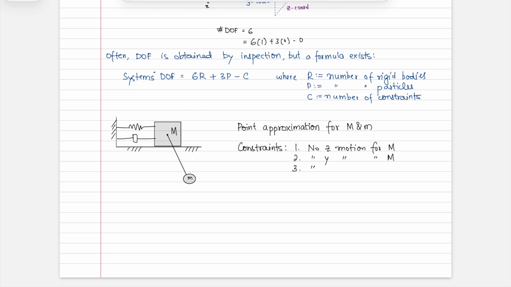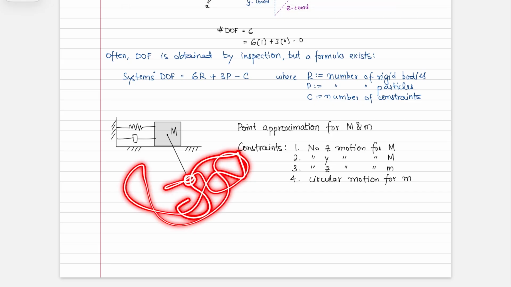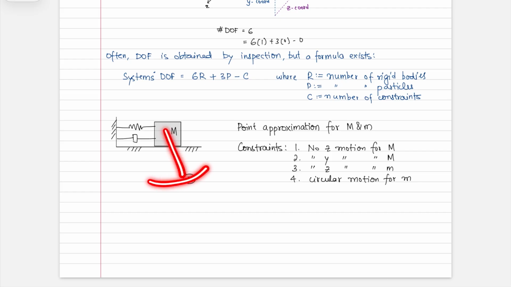Third one is that you have no z motion for the pendulum gong, that is small m. And constraint 4 is that it is going to be circular motion for the gong m, because it's not that this gong can move in any way in the 2D plane. It has to move according to a circle with respect to the center of mass.